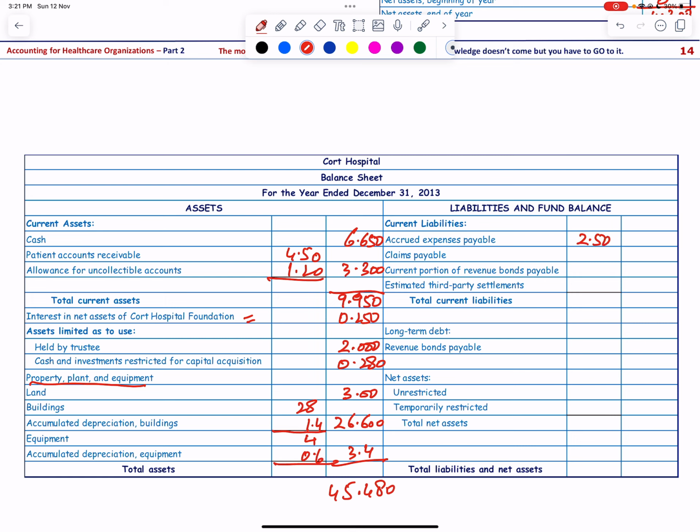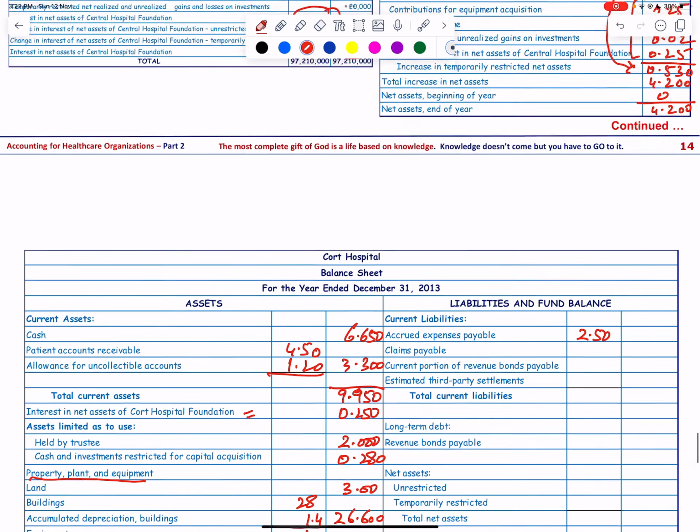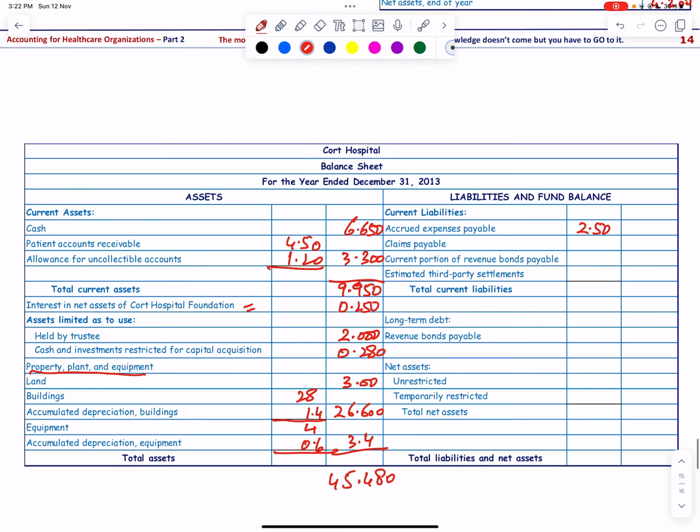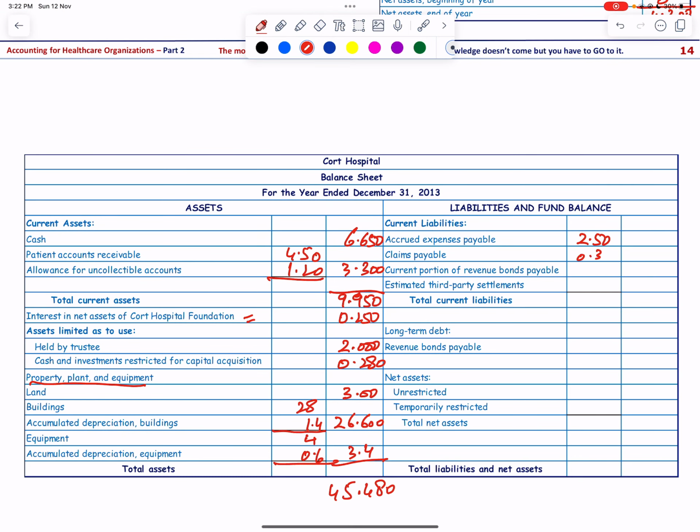Then we have claims payable, and how much is the claims payable? Claims payable are 300,000, so that makes 0.30.